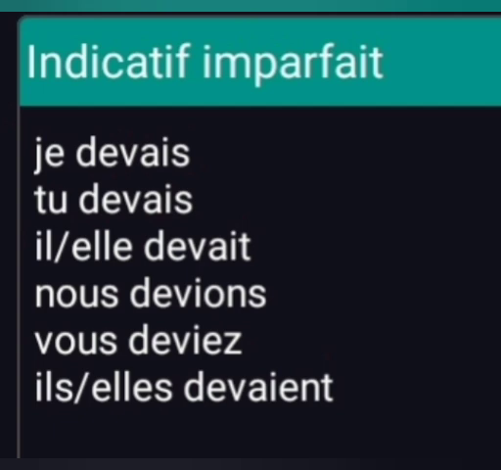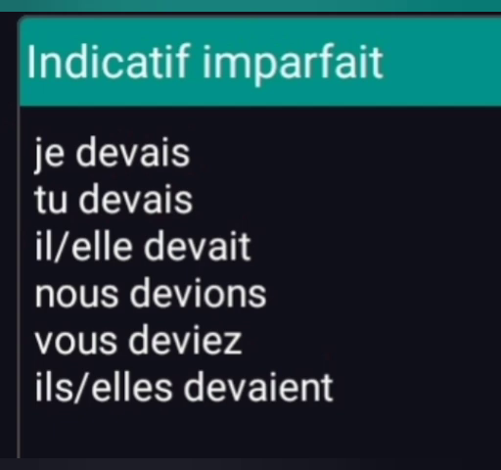So it will be something like I was to talk to your mom when your dad called me. Je devais parler à ta mère lorsque ton père m'appelait. So it's something like I was to. Tu devais, you were to. Il devait, he was to.